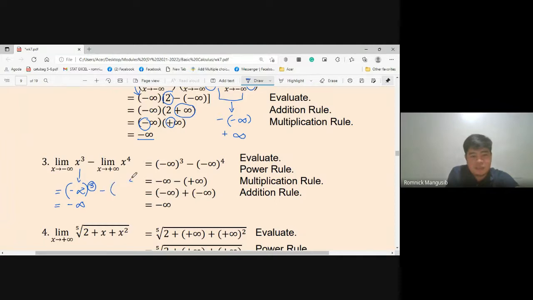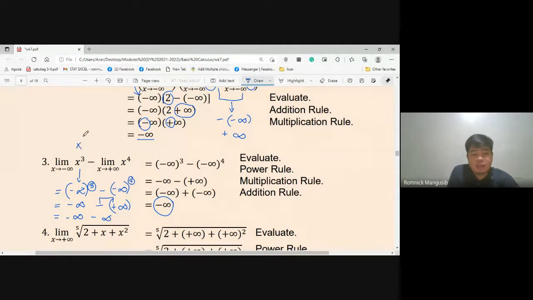Okay, erase mo sa 4 ang negative infinity. Okay, this is even. So it means to say negative raised to an even is positive. This is minus. Negative times positive is negative. So you have negative infinity minus infinity, bringing out negative infinity. Or if you don't like to make use of this, you can factor it out.